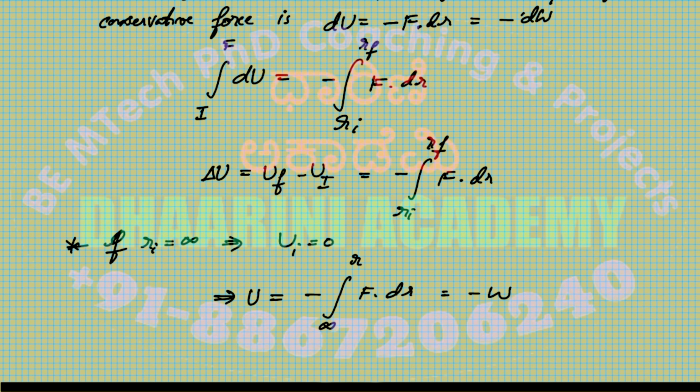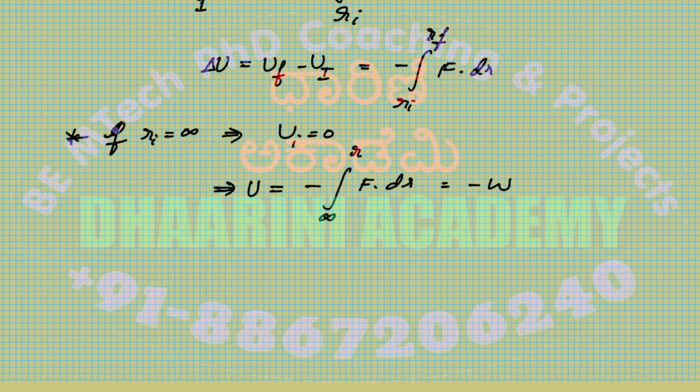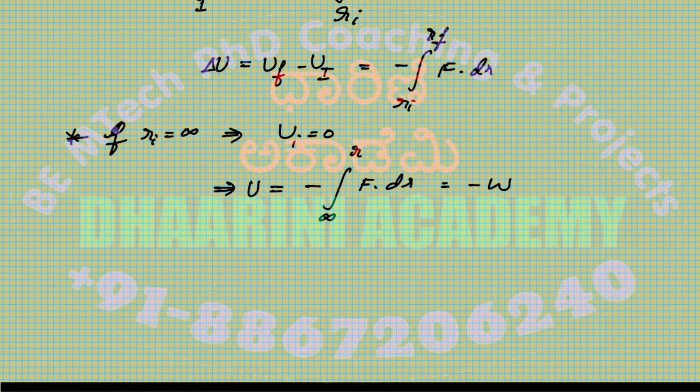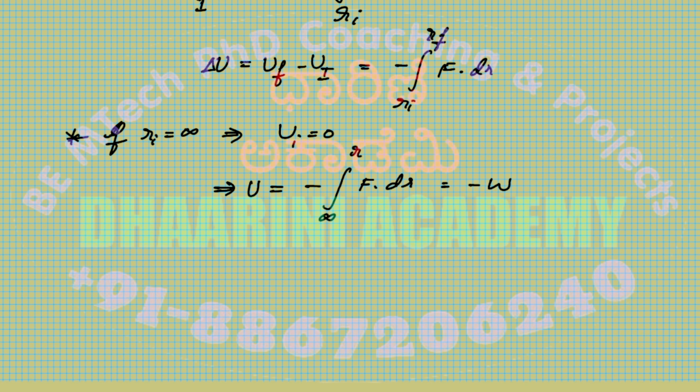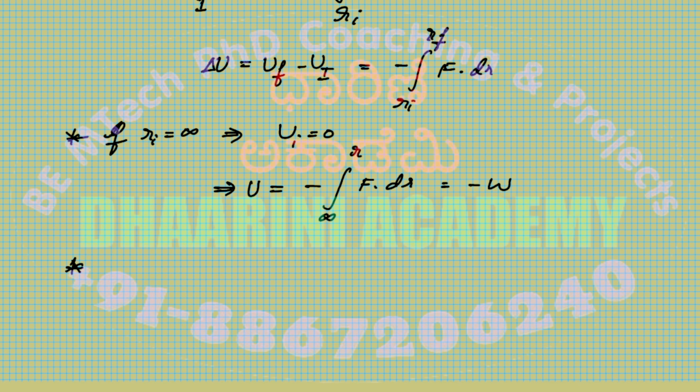At infinity this is considered to be zero. That's why we are saying that if you are bringing an object from infinity to the current position, the negative of that work done itself is the potential energy of the particular point. Okay, so this we'll see again and again in the electric field, gravitational potential, etc. In many places we find the same.